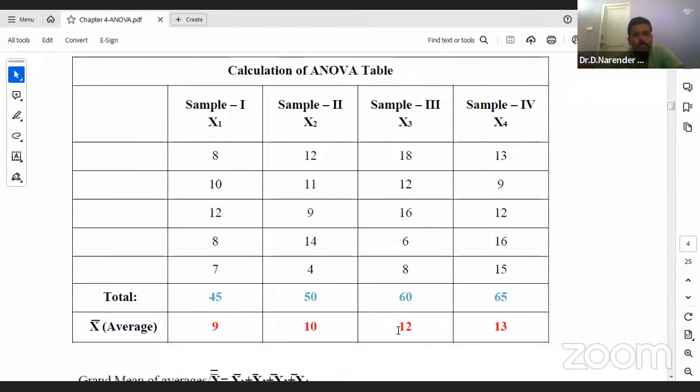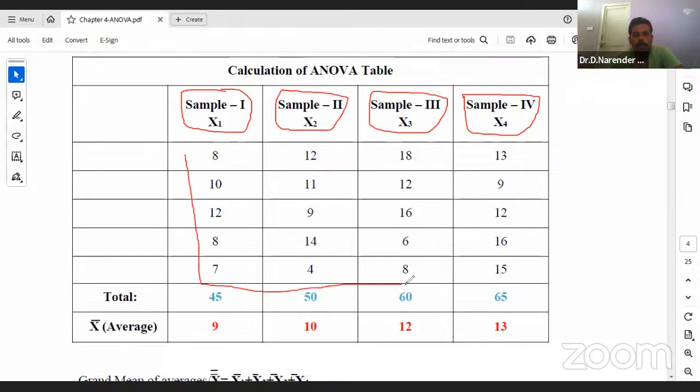The same question I am writing here, with the values from the question copied across here, from the question paper.